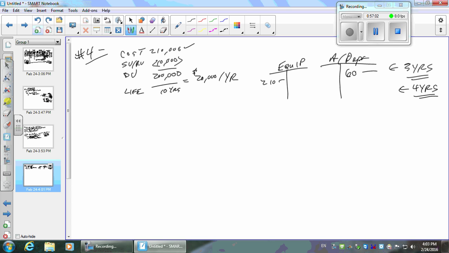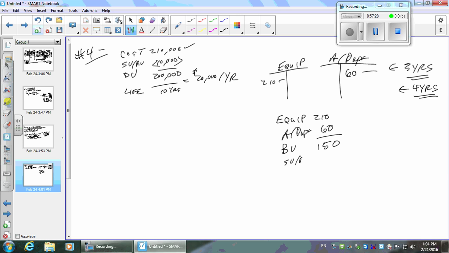Where are we? Equipment is 210. Accumulated depreciation was how much? 60, right? So what's the remaining book value right now? 150? You guys agree? What's the salvage going to be? Residual or salvage? What does it say in the problem?